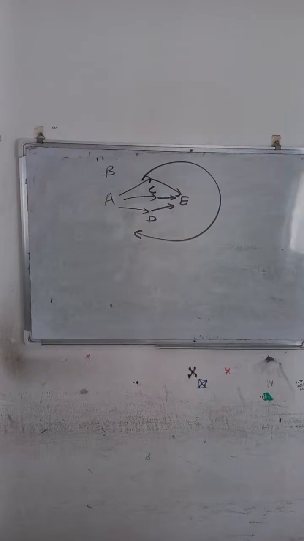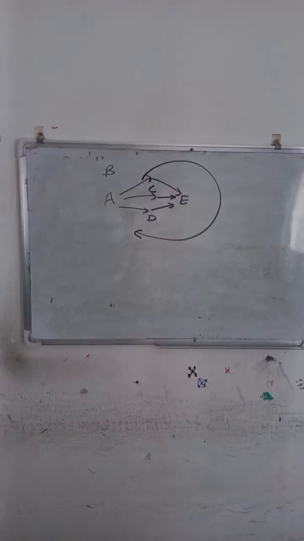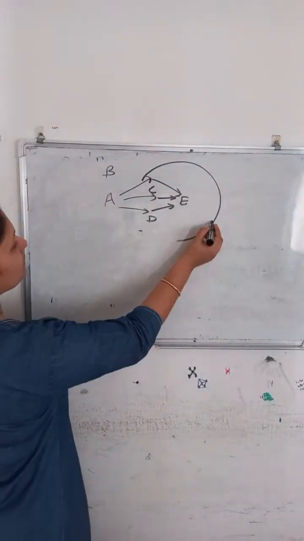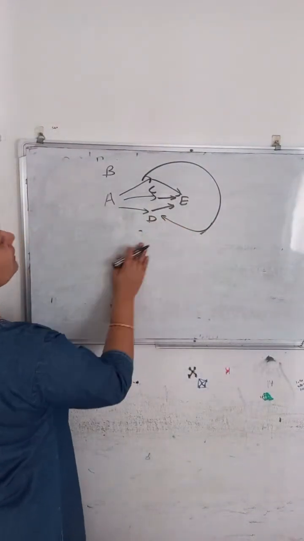Can you give the answer? A is nothing but a producer. C and D are the primary consumers and E is nothing but what? A secondary consumer. After that, see the arrow coming from the top to the next stage.